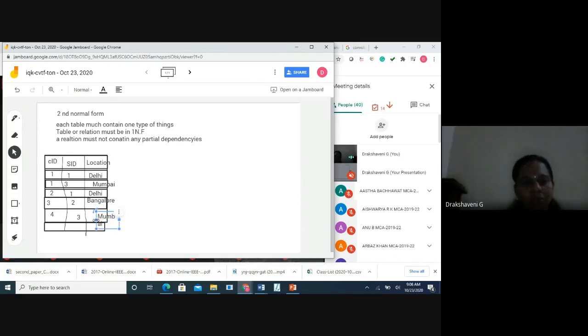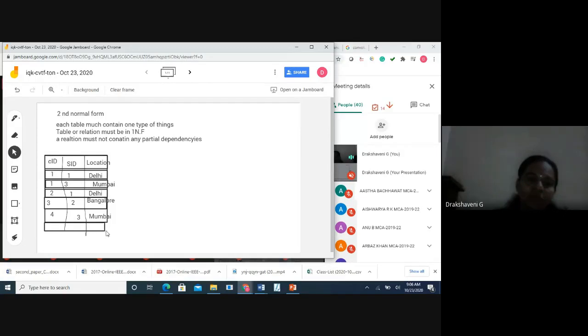Now what is the problem in this table? First we have to check what the second normal form says to us. It says the table should first be in the first normal form. You can see this table is in the first normal form. The first normal form says it should not have a multi-valued attribute or composite attributes.